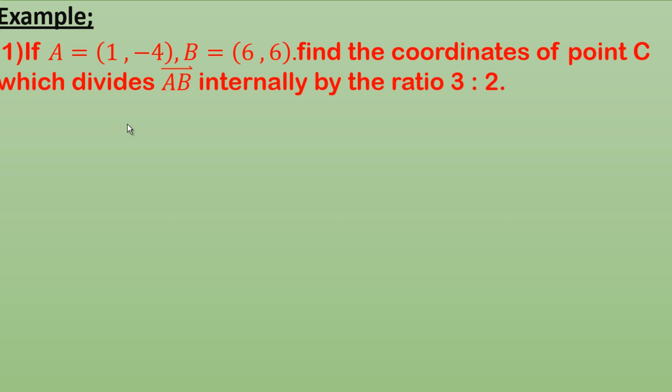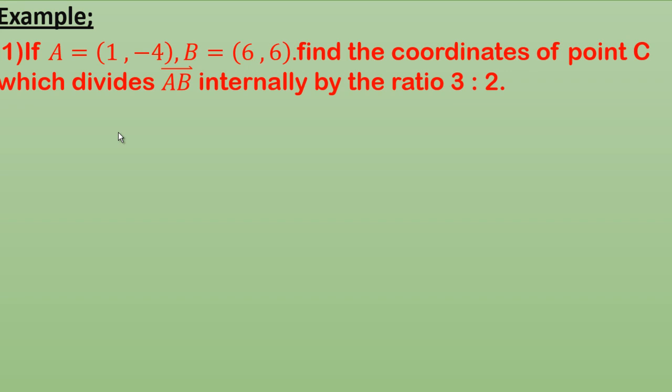Example: I have point A, its coordinate is (1, negative 4). B is (6, 6). What is the coordinate of point C, which divides AB as a vector internally by the ratio 3 to 2?